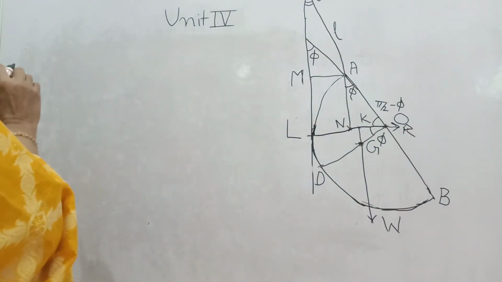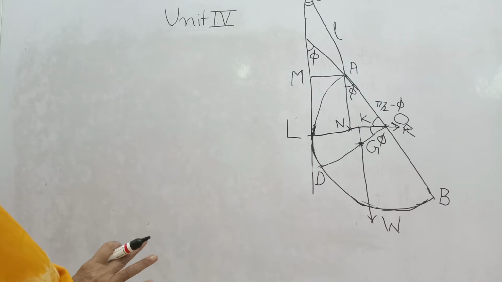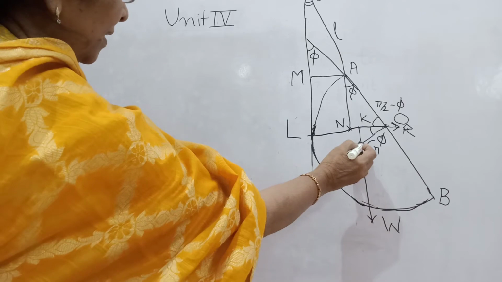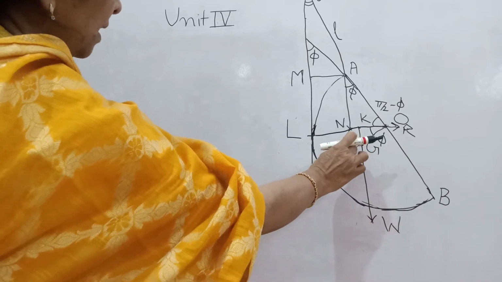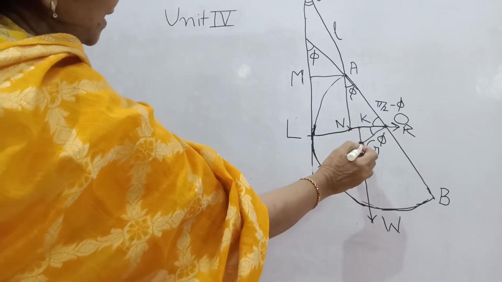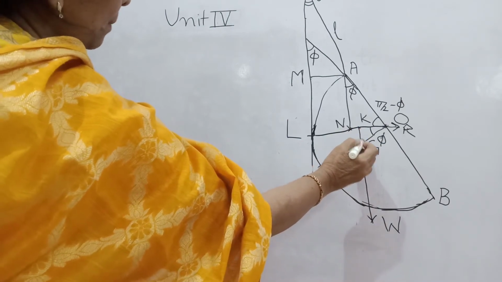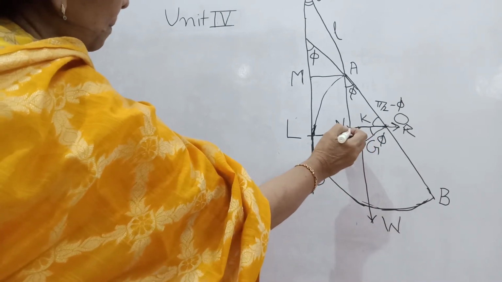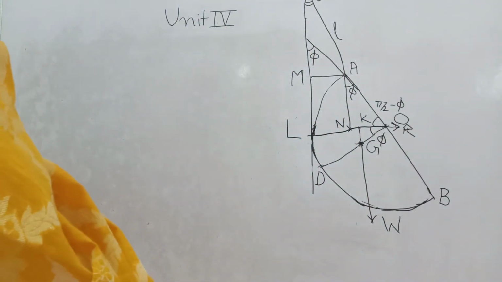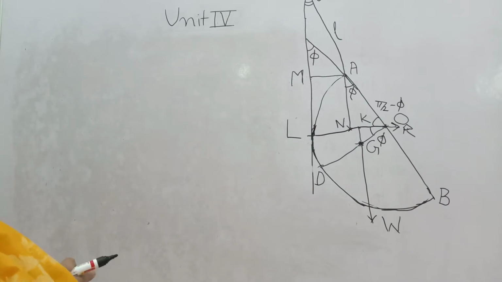So the virtual work done equation will consist of only one force, that is W, and the distance will be measured from this very point, and that means this distance will be this much plus this much plus this much.